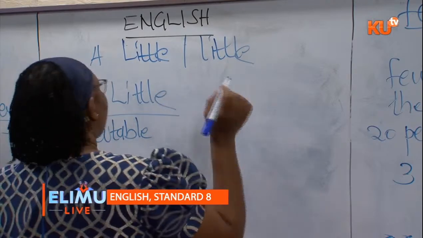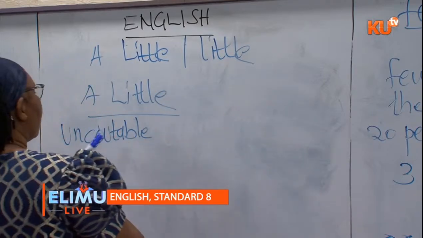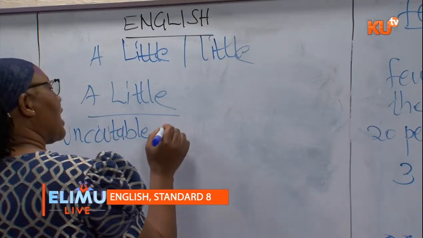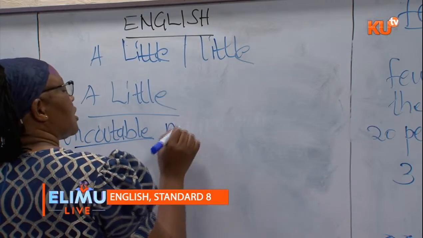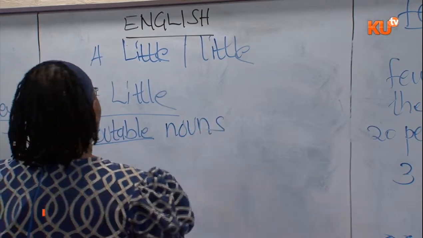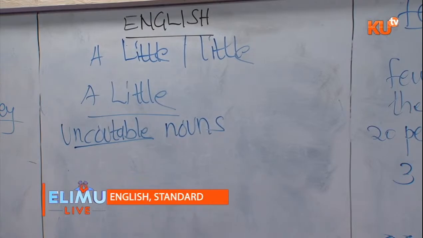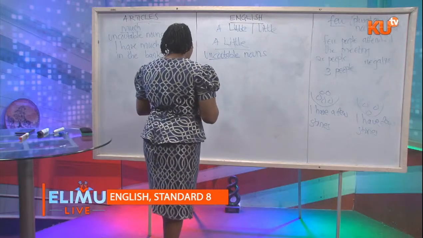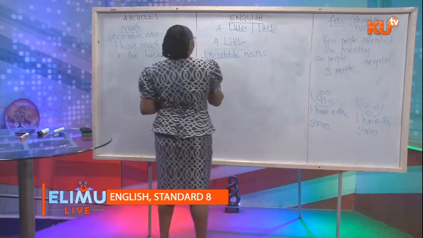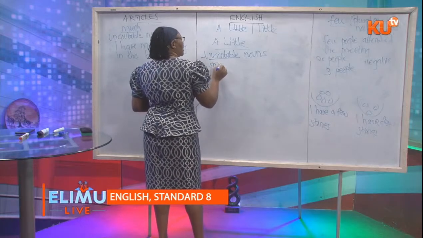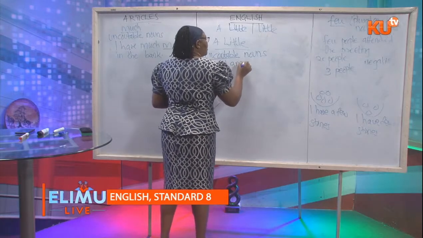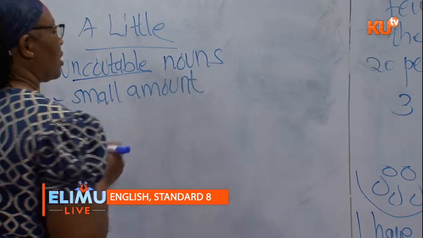Now, a few is used with countable nouns. The difference is that the word little is used with uncountable nouns. The word a little is used with uncountable nouns, still to mean a small amount of something.